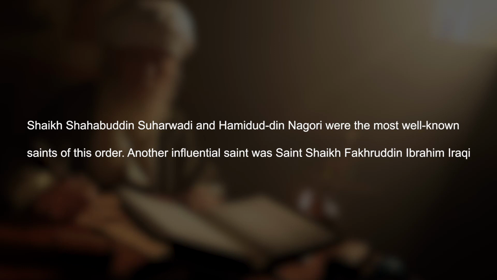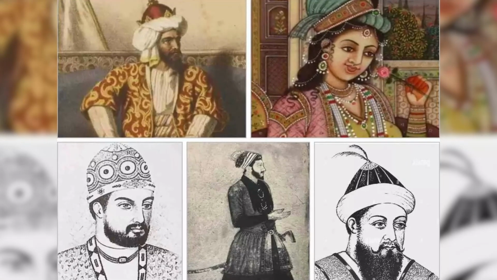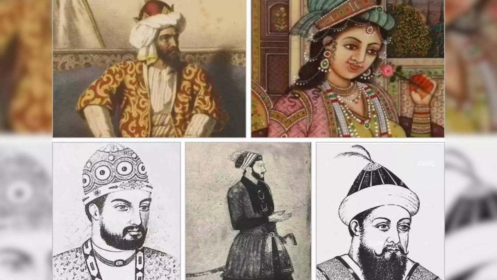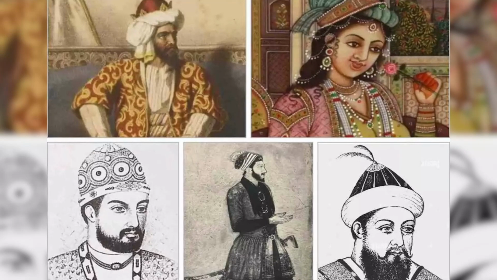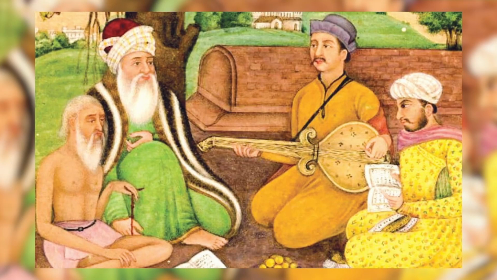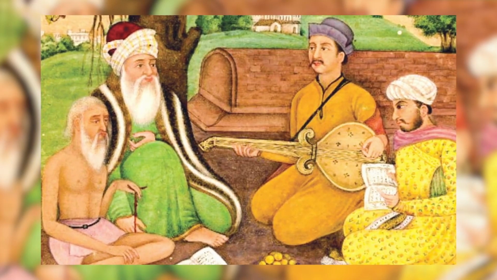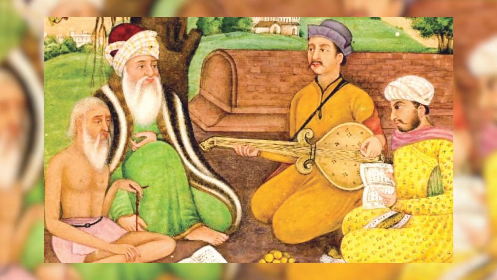Another influential saint was Sheikh Fakhruddin Ibrahim Iraqi. He composed a treatise called Lamaat, which is a commentary on the unity of being. Delhi Sultans from Alauddin Khilji to Muhammad bin Tughlaq highly respected him. It is to be noted here that the saints of this order did not keep themselves away from the state and the services rendered by the state as did the saints of the Chishti order.